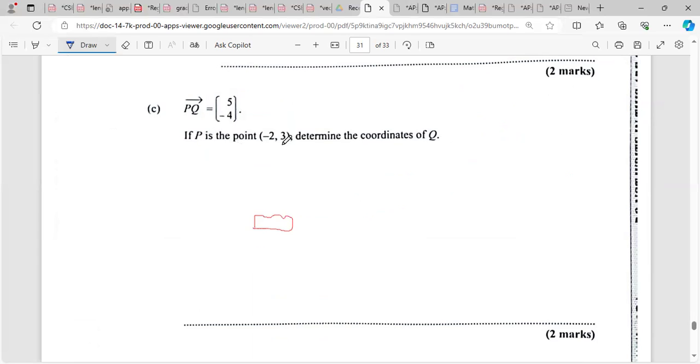If P is at the point negative 2, 3, determine the coordinates of Q. So PQ equals 5, negative 4, and we want to find the coordinates of Q. That means from this point negative 2, 3, we're going to move 5, negative 4.